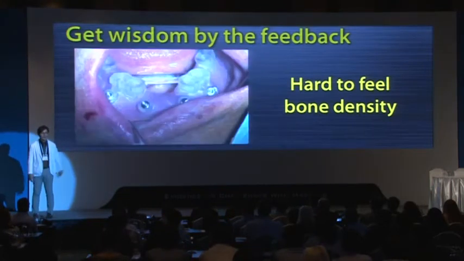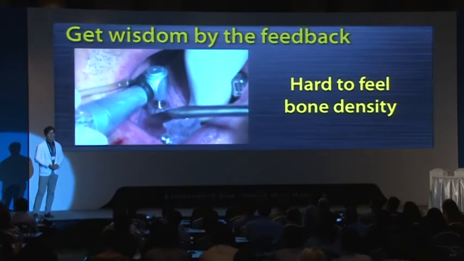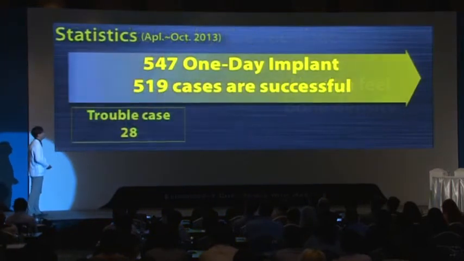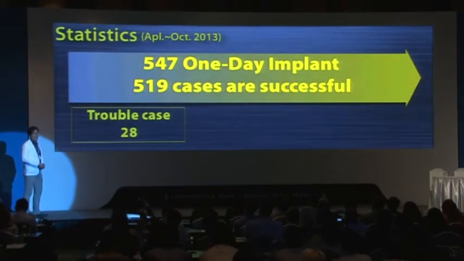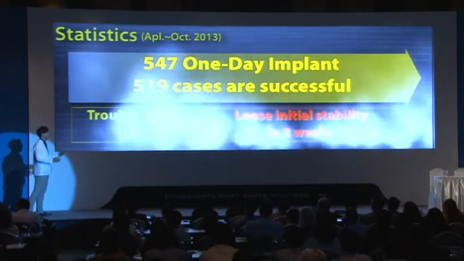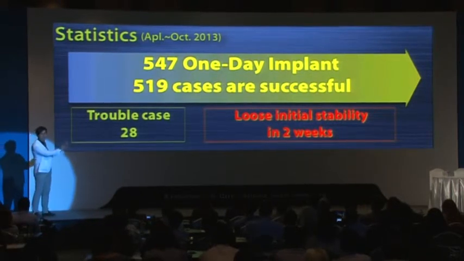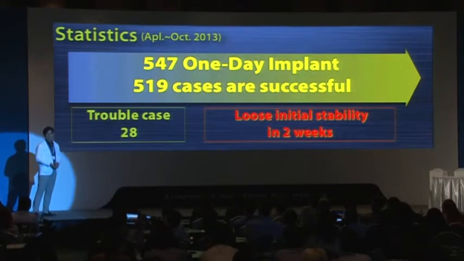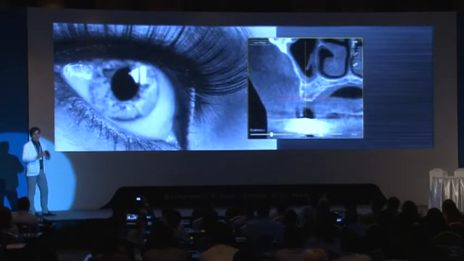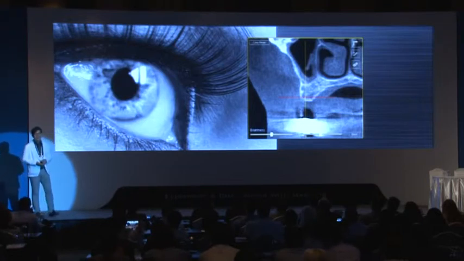And I found one important thing: when the clinician did not feel the bone quality exactly, the implant was loosening in 2 weeks. So our R2 team concentrated on how to solve these problems. My role is to solve this problem using the software. So I found one thing: our human eye is not clever sometimes.